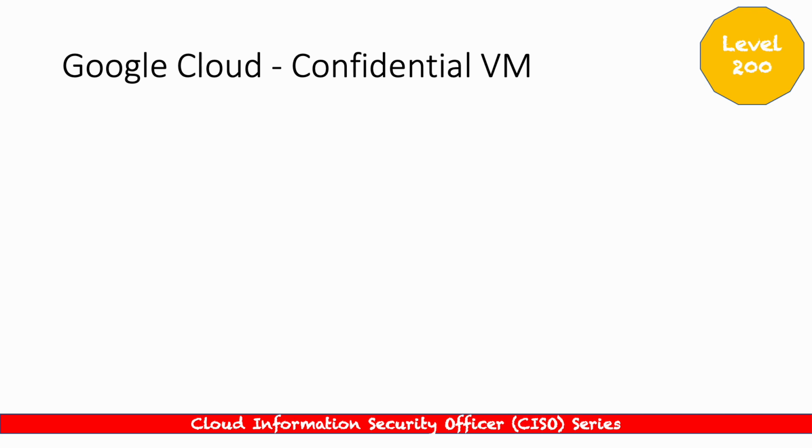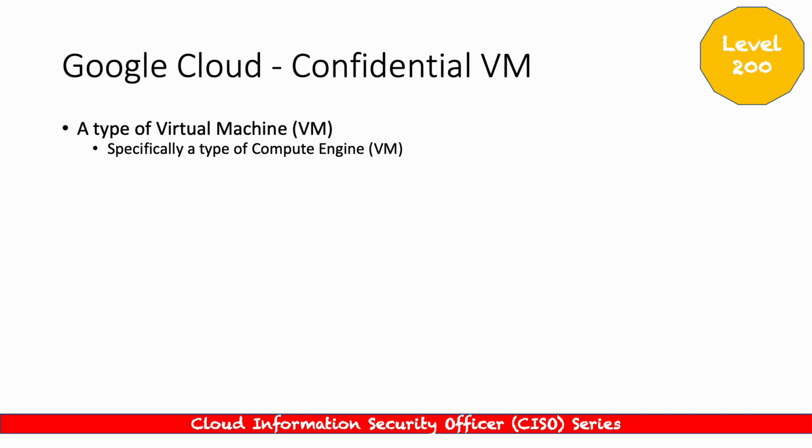Now, so far we've been talking about confidential computing. What I want to do now is shift gears and talk specifically about Google Cloud's Confidential Virtual Machine, right? It is essentially a type of virtual machine, specifically a type of Compute Engine, which is what Google calls its virtual machine.